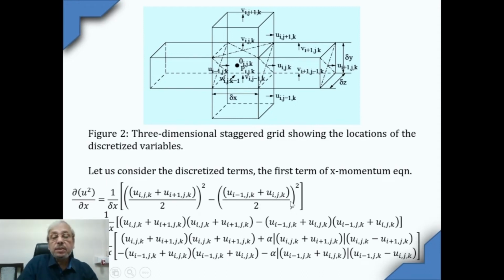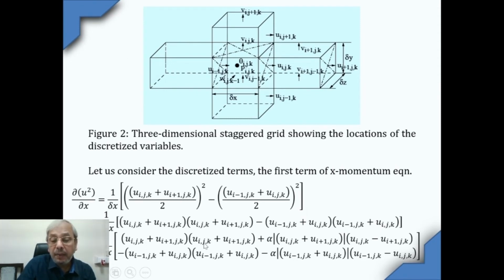With just simple algebra, 4 will come out, 1 by 4 delta x, and then we can write (uijk plus ui plus 1 jk) into (uijk plus ui plus 1 jk), minus (ui minus 1 jk plus uijk) into (ui minus 1 jk plus uijk). We have done this calculation in a little detail. So we have just expanded these two terms, and then we have applied upwinding.